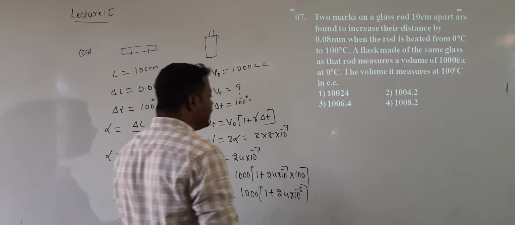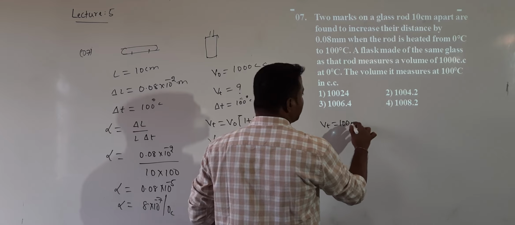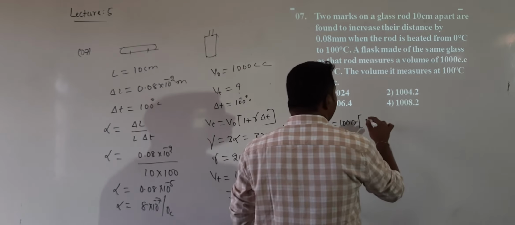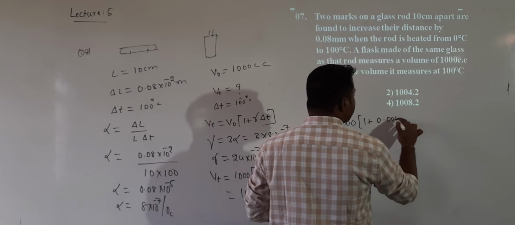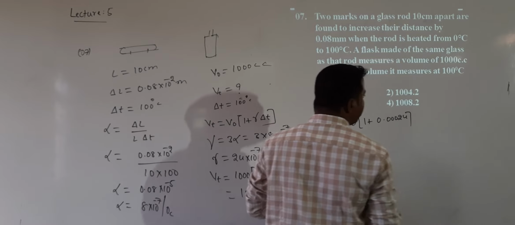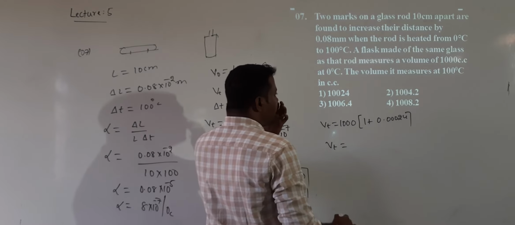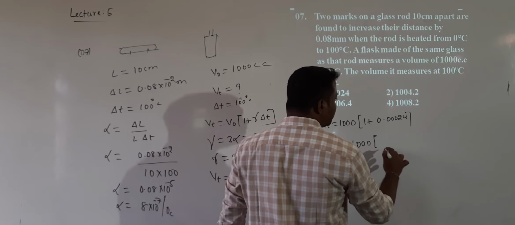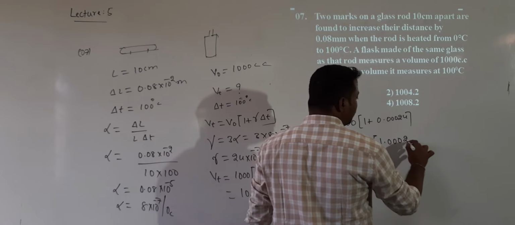So Vt is equal to 1000 into 1 plus, how much is it? 0.00024. Simplifying this, Vt is 1000 into 1.00024.